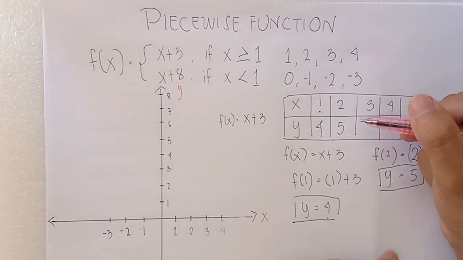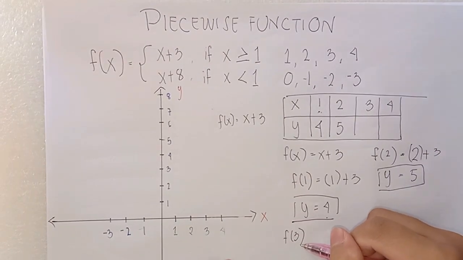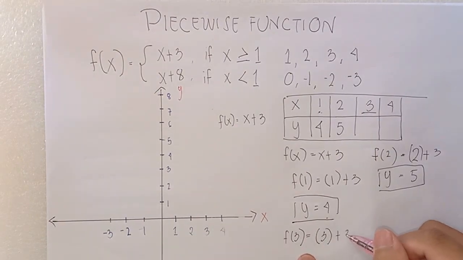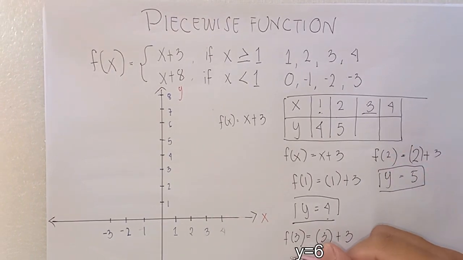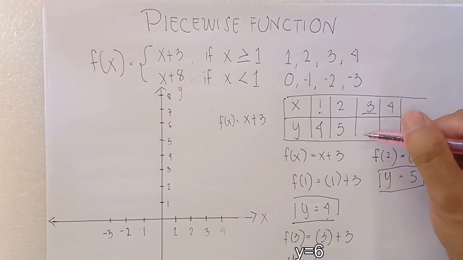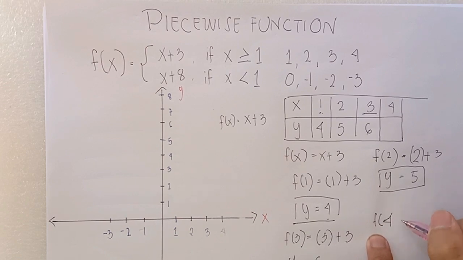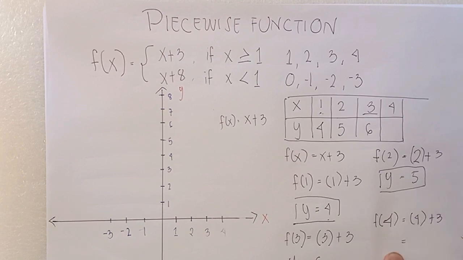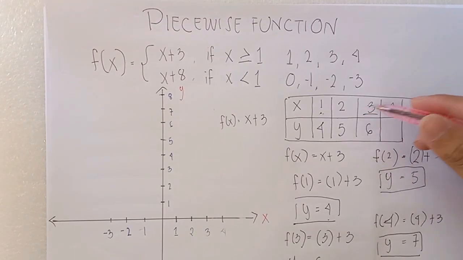Next is f of 3, so 3 plus 3 is 6. So the value of y corresponding to 3 is 6. For f of 4, 4 plus 3 is 7. So it corresponds to the value of x, which is 4.